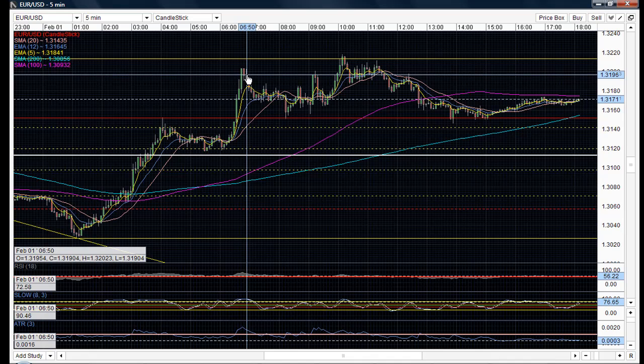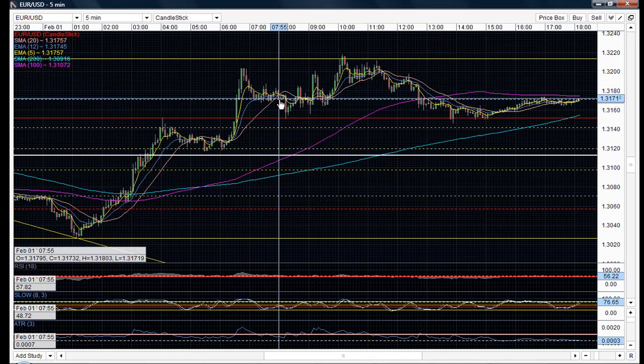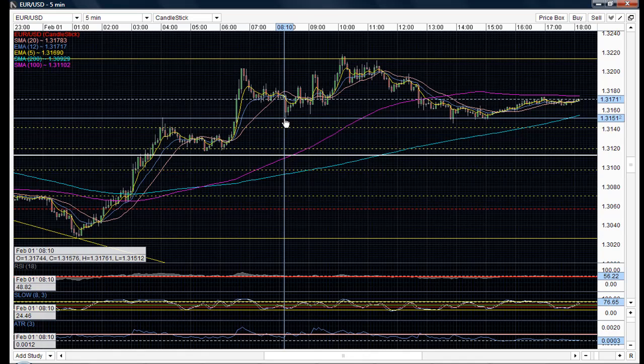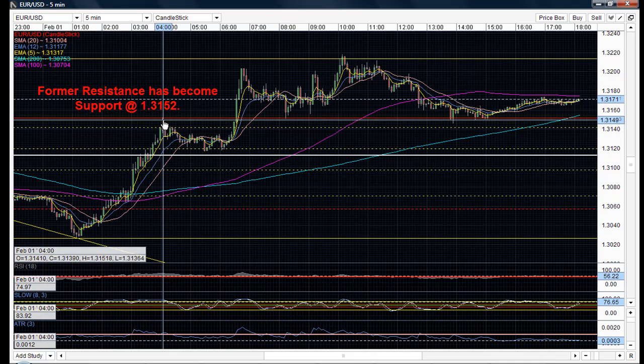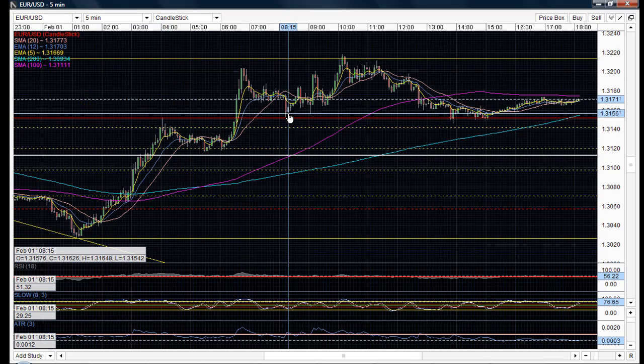Now, if you were looking for another opportunity to enter the market, you could have entered on the pullback from this psychological resistance, and it actually found support at this 31.52 level. And if you look to the left, you can see this was prior resistance, and what was prior resistance is now currently serving as support.